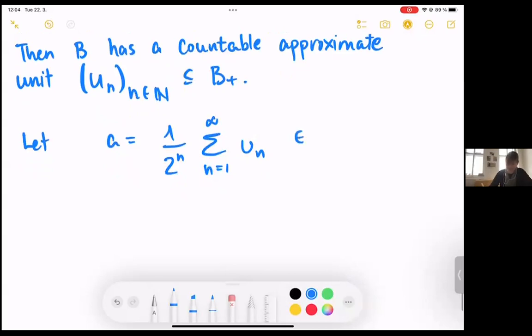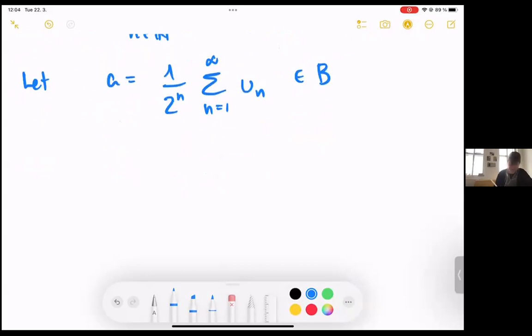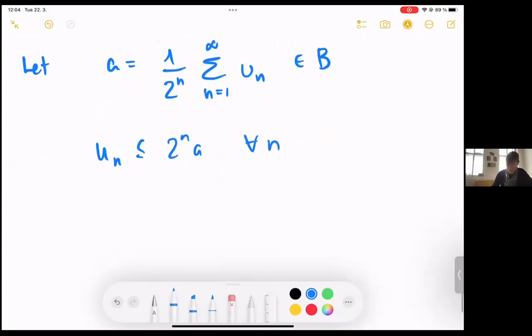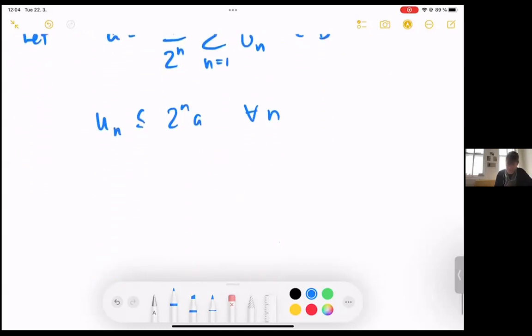And since B is closed, that's going to be in B. And then we see that, so in particular, I guess we assumed that already, that U_n is in there.